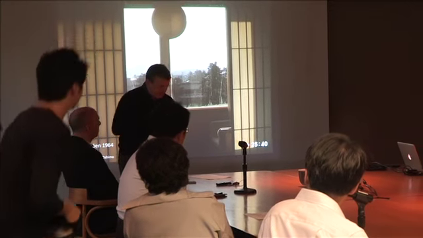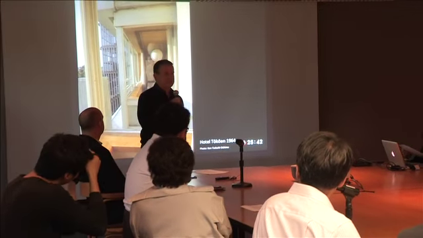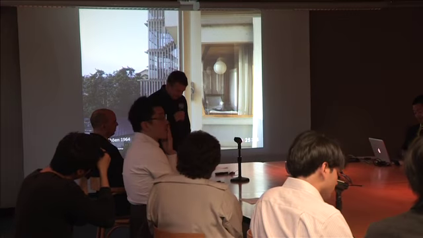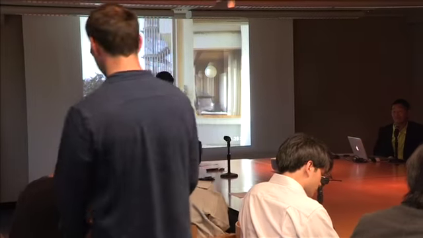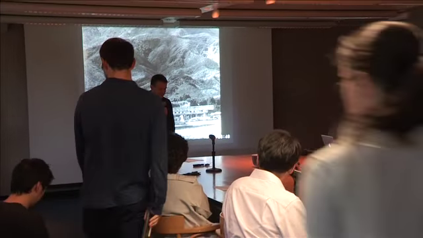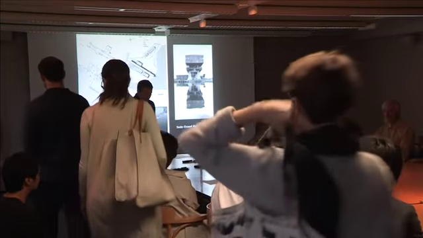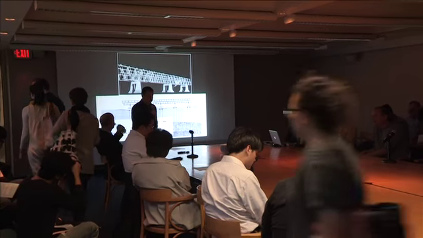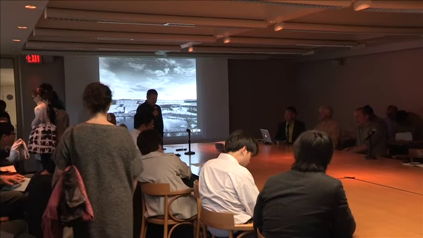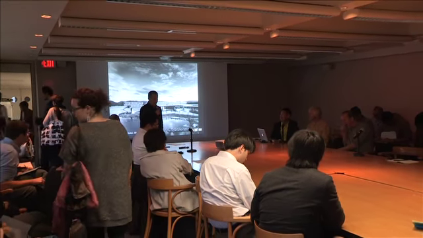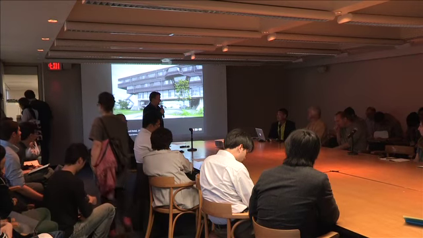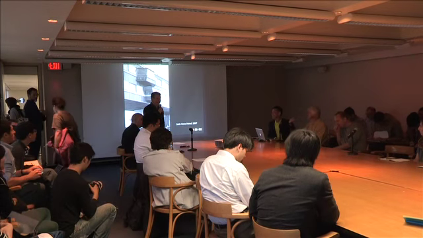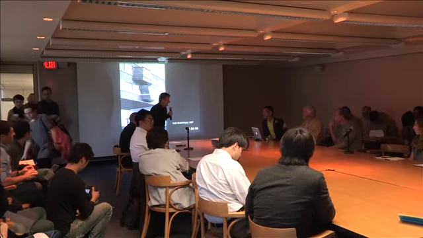Okay, let me get to my immediate task here, which is to introduce Ken Tadashi Oshima. He is an associate professor of architecture at the University of Washington. He has a BA from Harvard University, an MArch from UC Berkeley, and a PhD from Columbia, where he studied with Barry Bergdahl and Kenneth Frampton and Henry Smith.